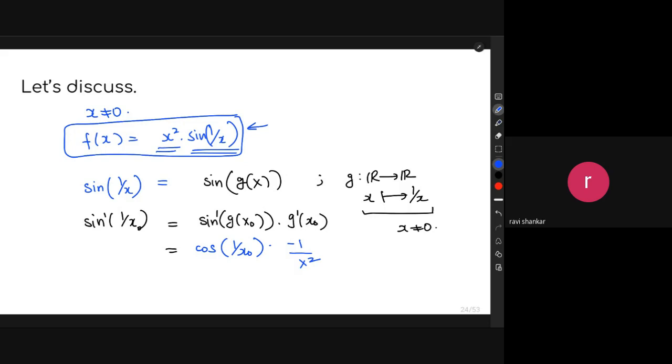This sine 1 over x, can we think of as a composition of two functions? The first function is sine and the second function is g. G is a function from r to r where x goes to 1 over x. So sine 1 over x can be thought of as a composition of two functions, sine and g.